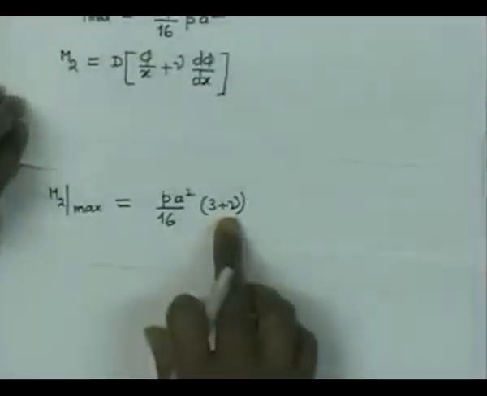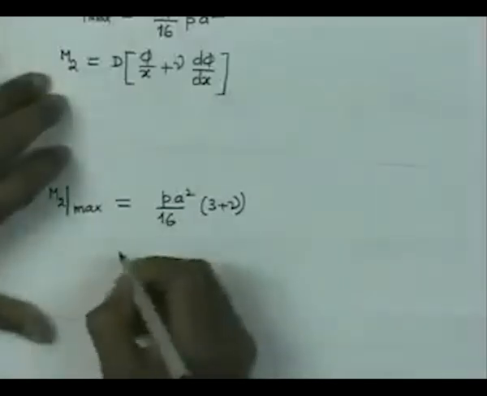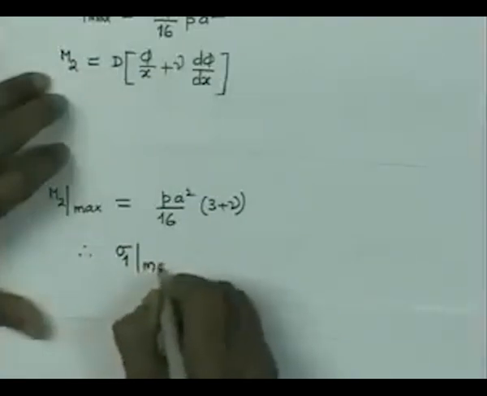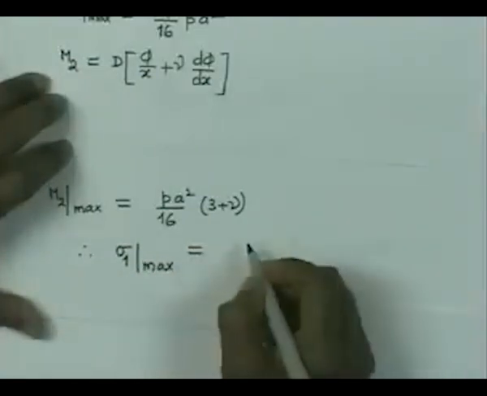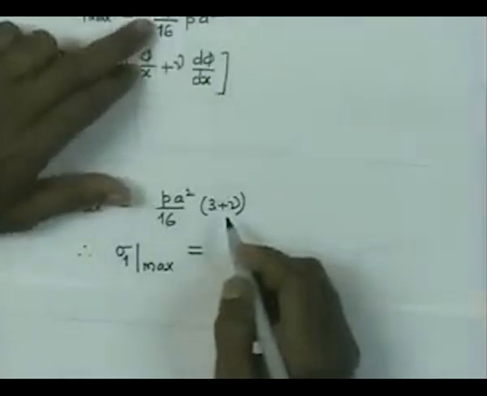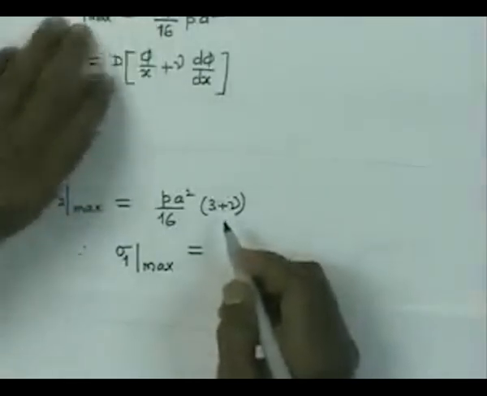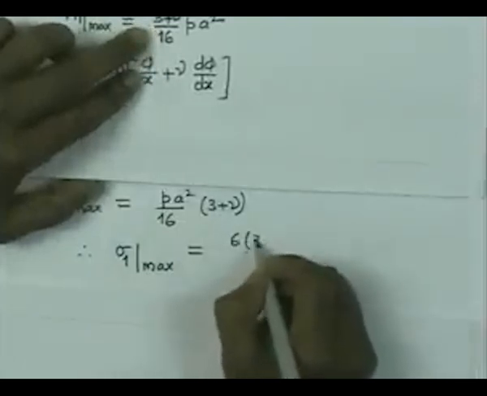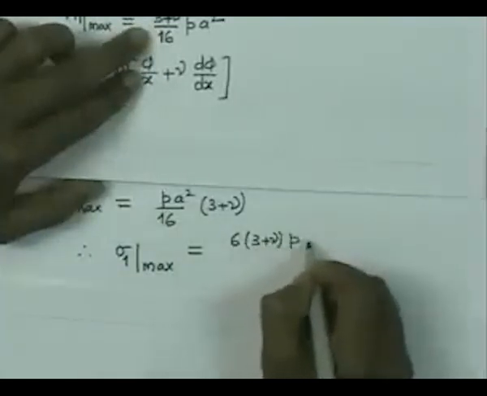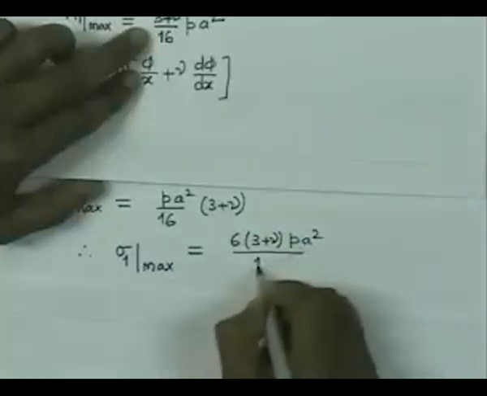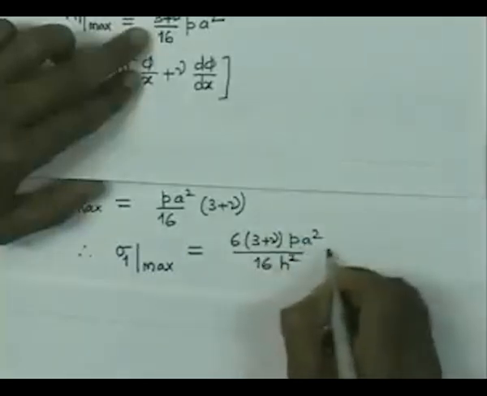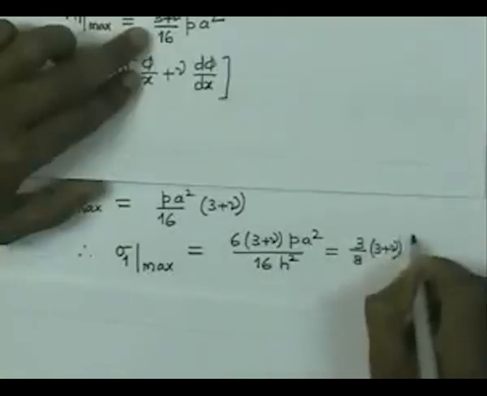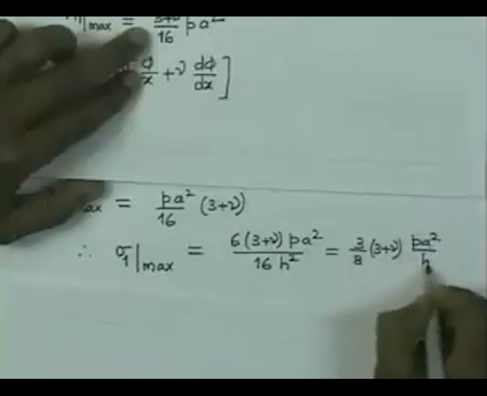M2 maximum is also of the same magnitude, and hence now we have at x equal to 0 sigma 1 max is equal to, it is nothing but 6 times the moment divided by h square, and therefore, that will become (3 plus nu) p a square by 16 h square, and this is 3 by 8 (3 plus nu) p a square by h square.